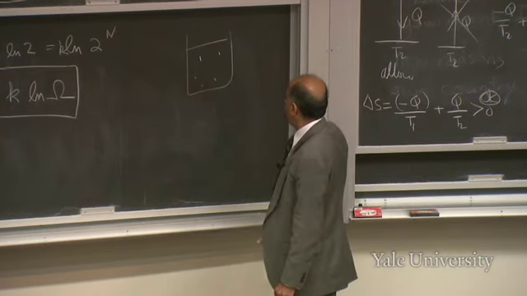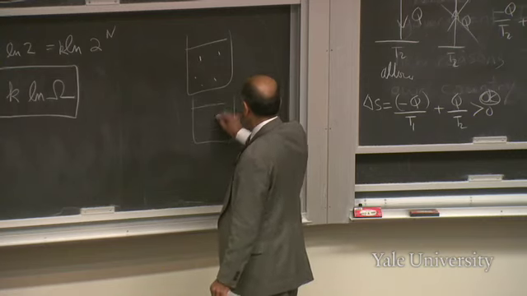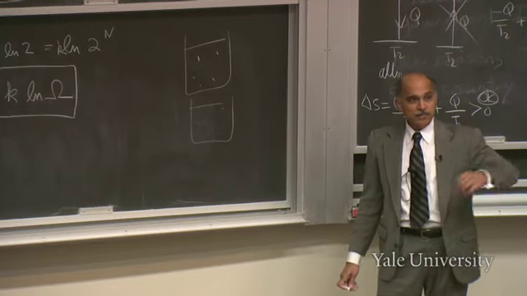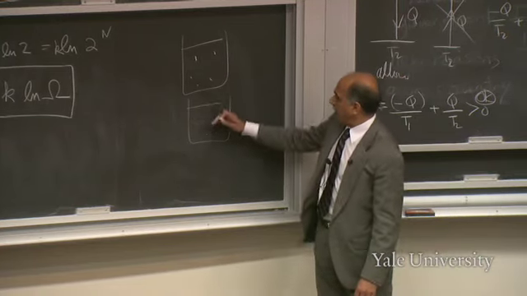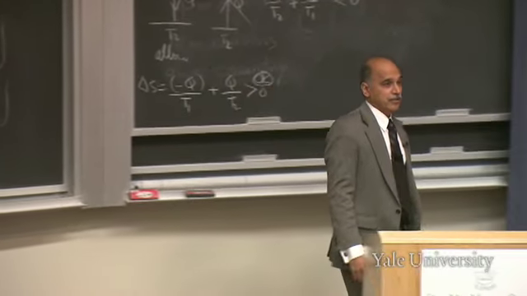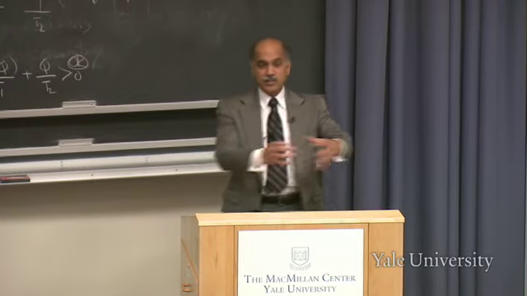Suppose I wait a little bit. What does the gas look like? It looks like that. If you can see every atom, the atomic configuration has changed. But macroscopically, nothing has changed. Instead of atom A being here, maybe A has gone there and B has come here.